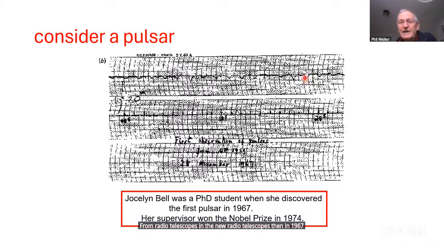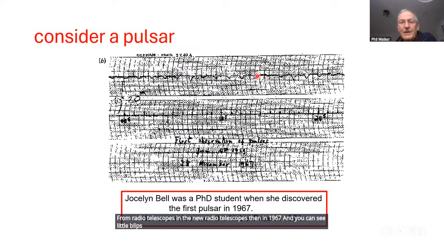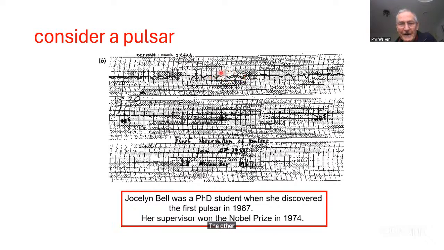And you can see little blips on here, and they look a little bit irregular, but she realized that they weren't randomly occurring. They're very regularly spaced, and even though some of them seem to be missing, the other ones occur again at very regular intervals. And this was a complete puzzle.